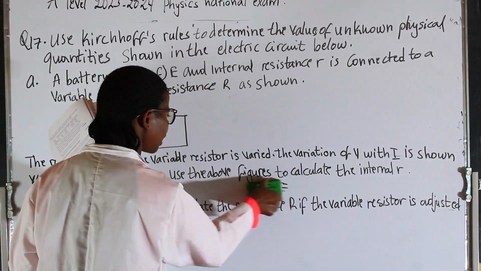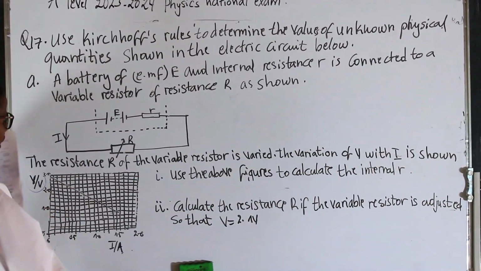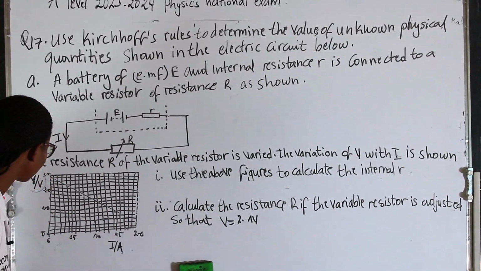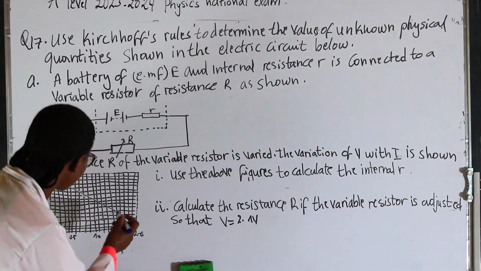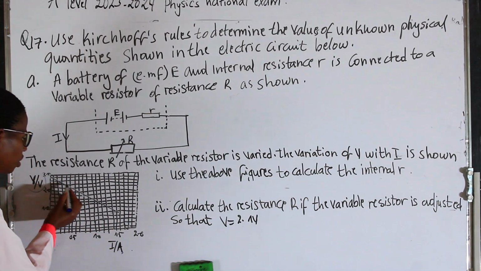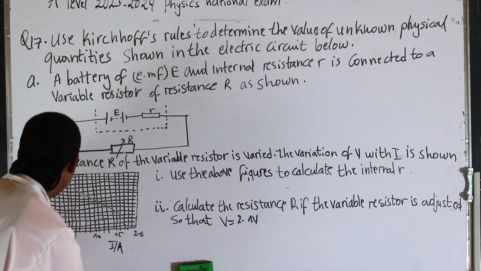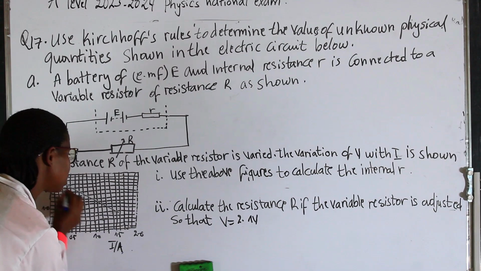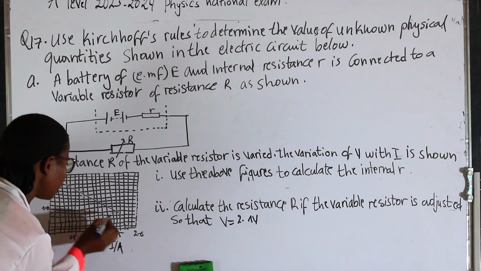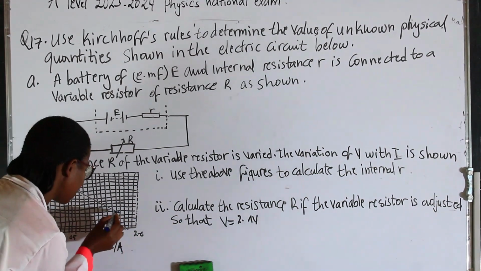Then let's calculate the internal resistance using our graph. The gradient on this graph is in the opposite direction, as you can see here, so it should have a minus. Let us see what the slope or the gradient is.